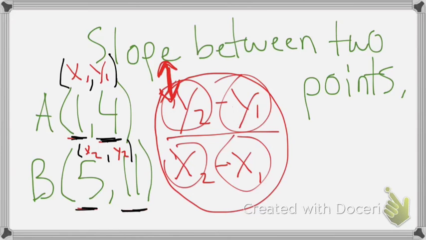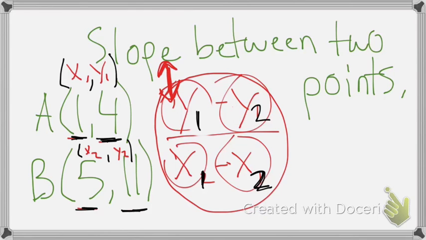And what I was saying for the slope is that it doesn't have to be Y2 minus Y1. It can be Y1 minus Y2. You just have to make sure it's 1 minus 2 on the bottom with the X's also.